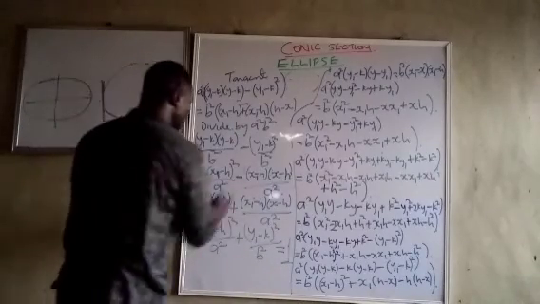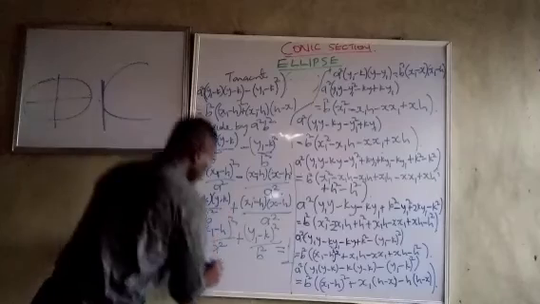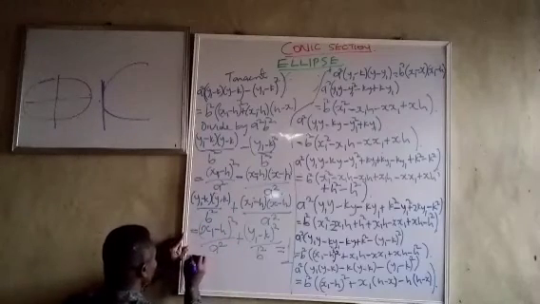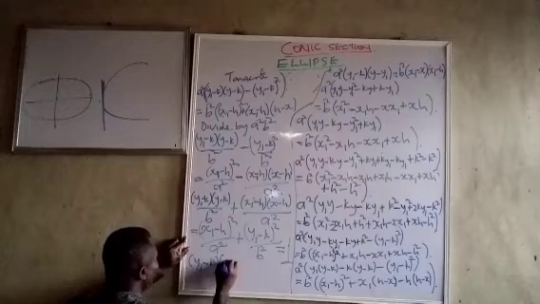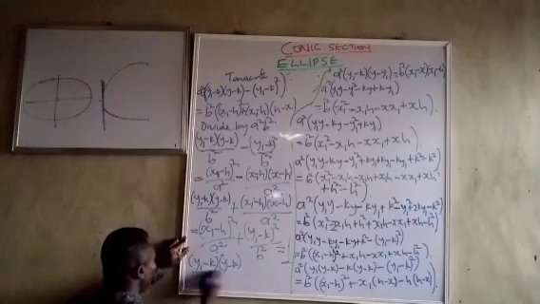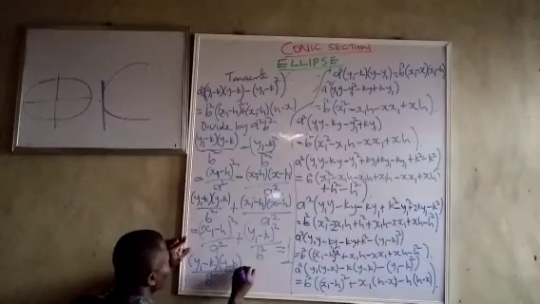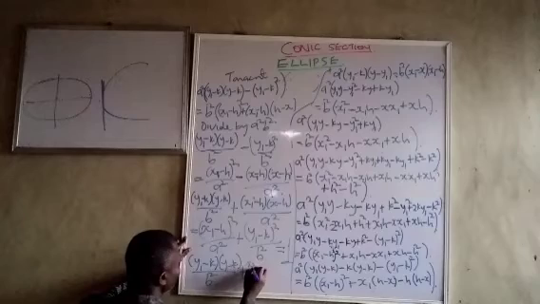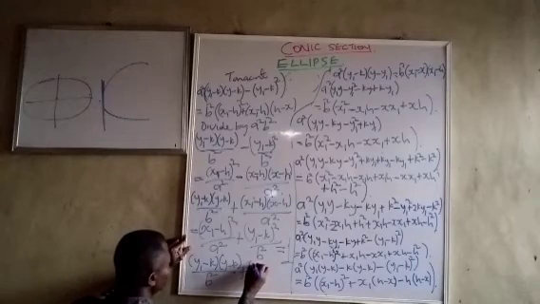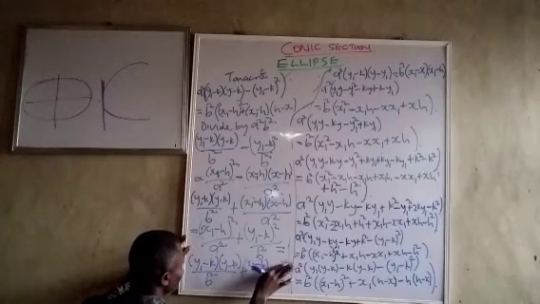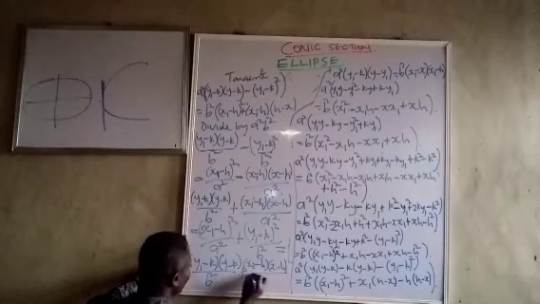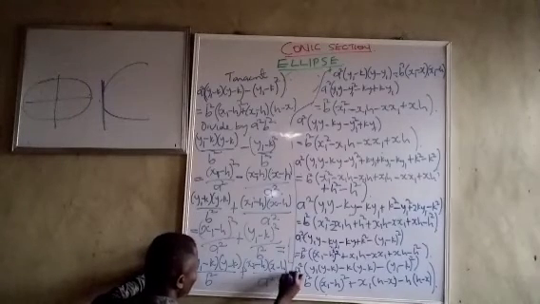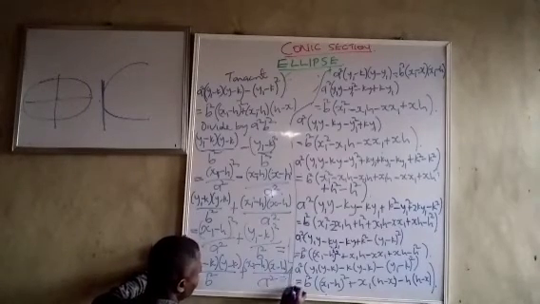So the tangent equation for this form is going to be y1 minus k into y minus k over b squared plus x1 minus h into x minus h over a squared is equal to 1.